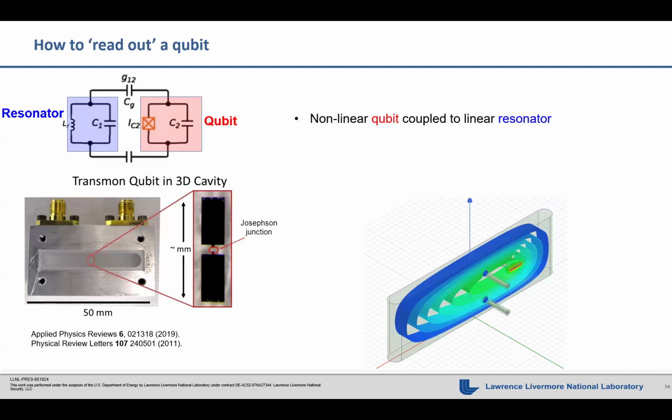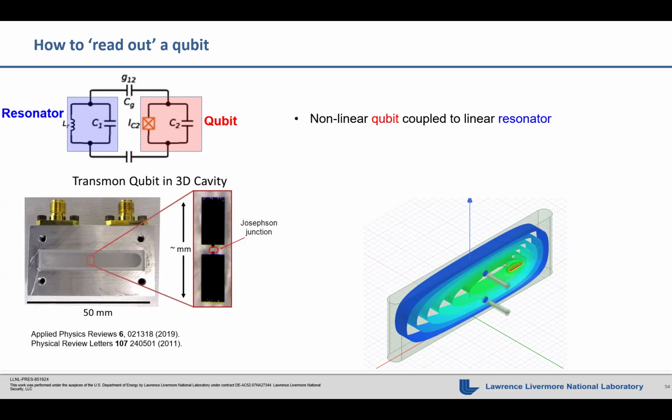Okay, so I have my qubit. It's a capacitor with a Josephson junction. This is a 3D transmon system. I can look at the electric fields. So these are equal electric field maps. And my qubit is right over there on the little sapphire piece.